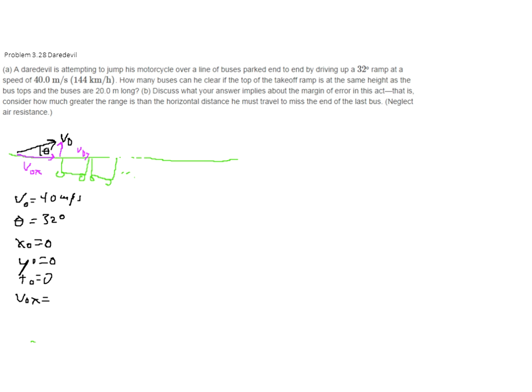So V0x equals 40 times the cosine of 32 degrees. V0y equals 40 times the sine of 32 degrees.